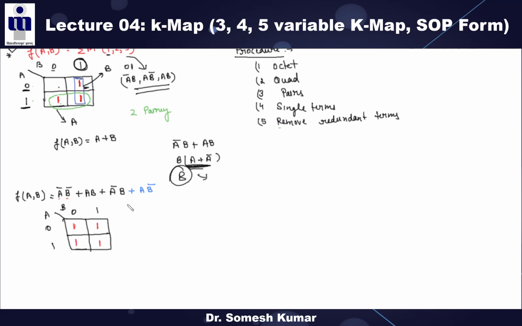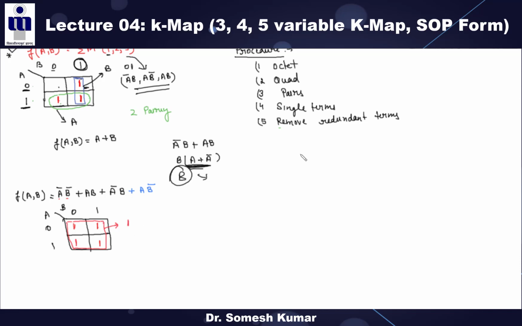This is also 1. AB bar. So now tell me, is a quad possible or not? Quad is possible, complete 4 pairing. So what is the answer? If a complete quad is possible, the answer is 1 in that case.